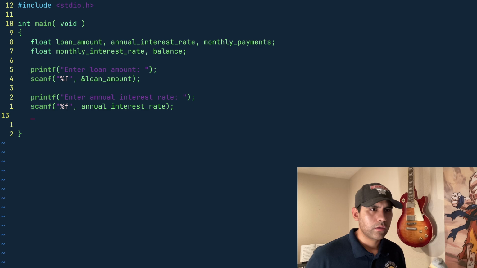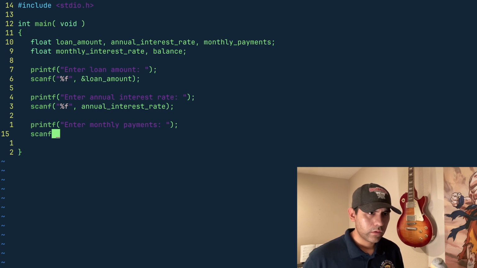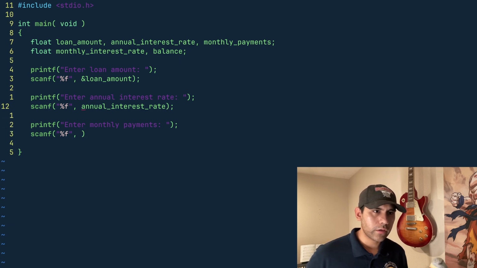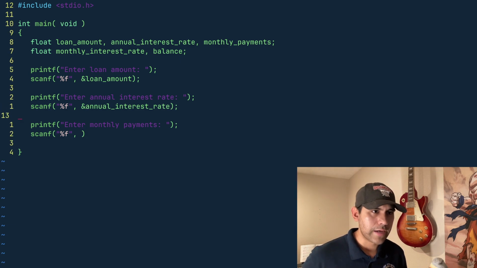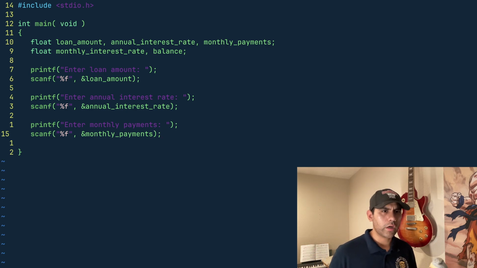Printf enter monthly payments. Semicolon. Scanf. Now we're going to use another float. Oh, you know what? Over here on the one above, I forgot the little address symbol. And then down here we need monthly payments.